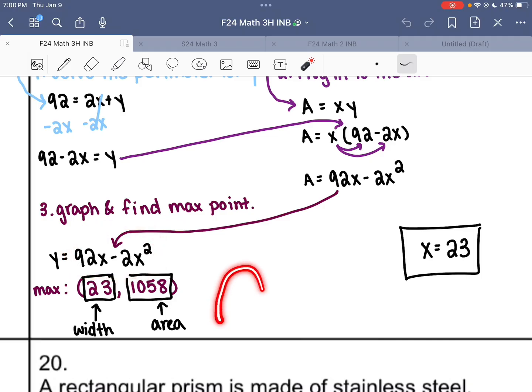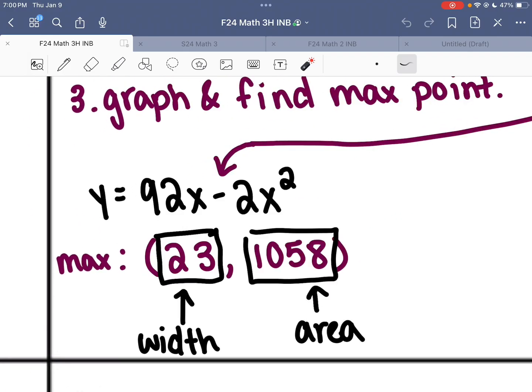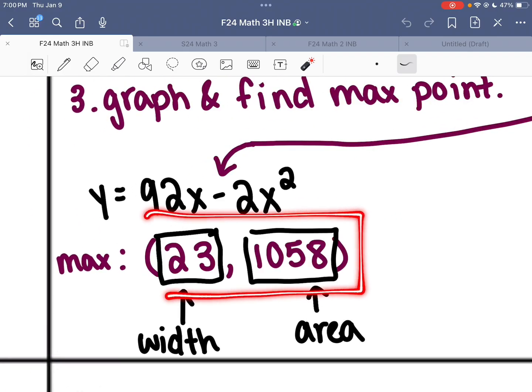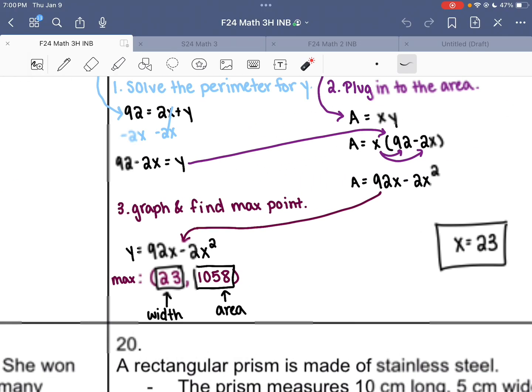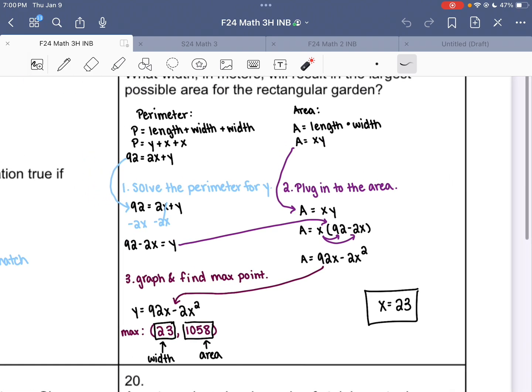Remember, maximum looks like a mountain and it's the highest point. This is the coordinate at the very top. My y value tells me what the area is, so the biggest area that we could possibly have. My x value tells me that missing width. So my missing width is 23.